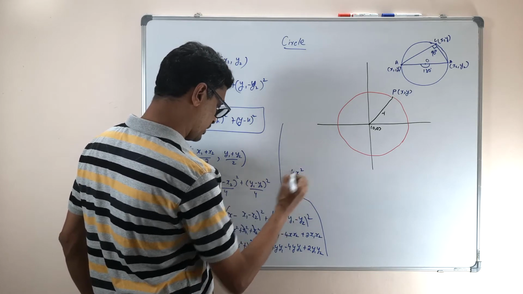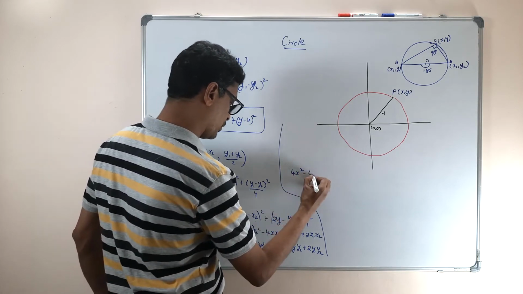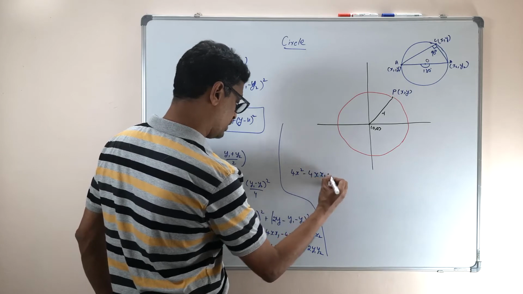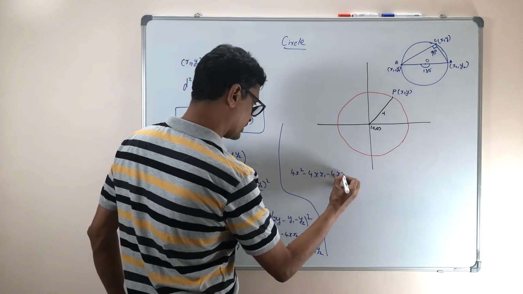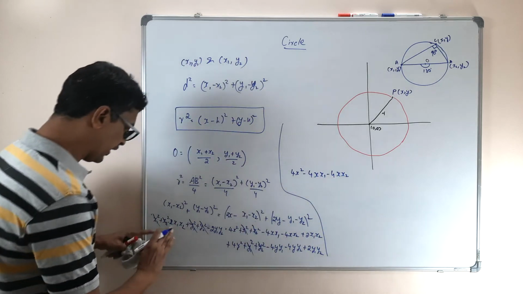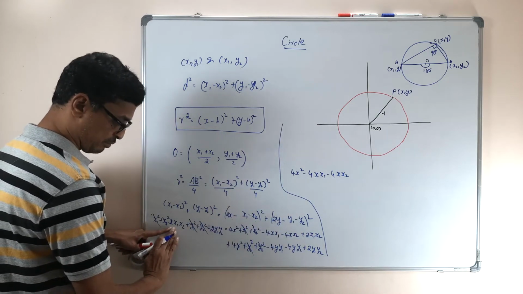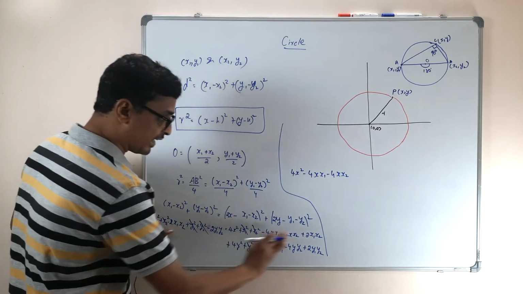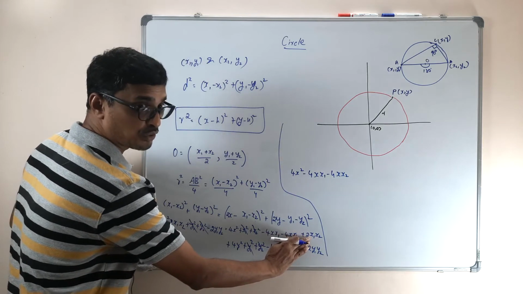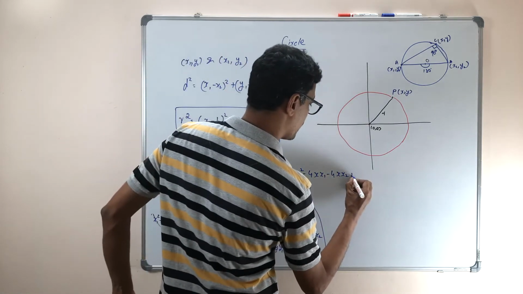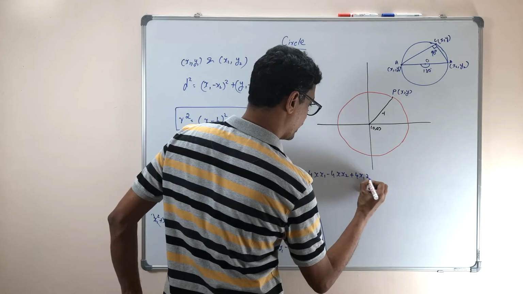4x square minus 4x x1 minus 4x x2. Now if I take x1 x2 to that side, it's going to become positive. Minus 2, so that adding up with this will come 4x1 x2. Correct? So this will be plus 4x1 x2.